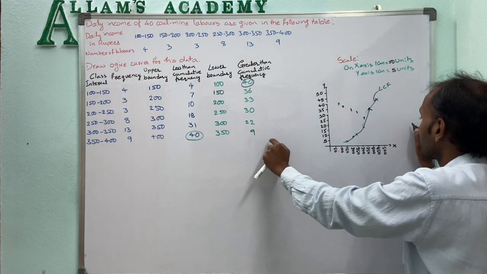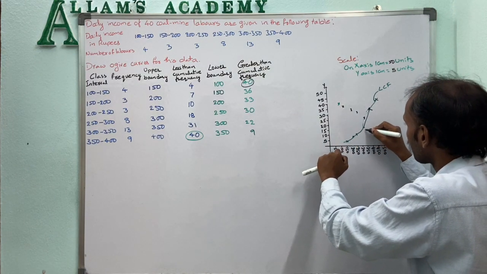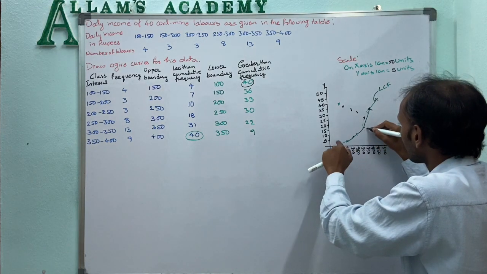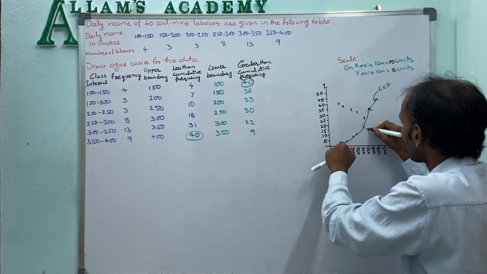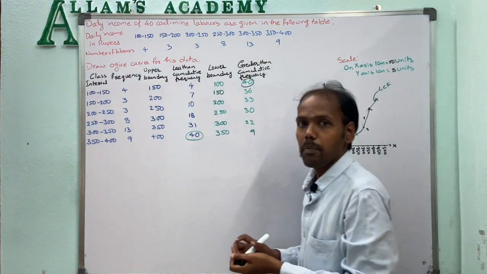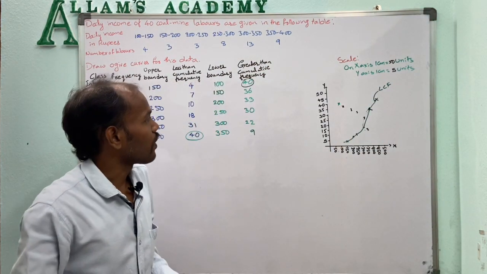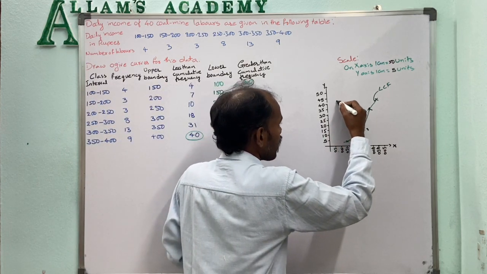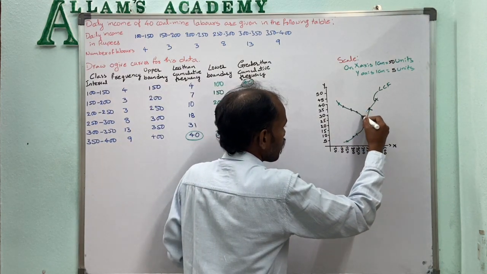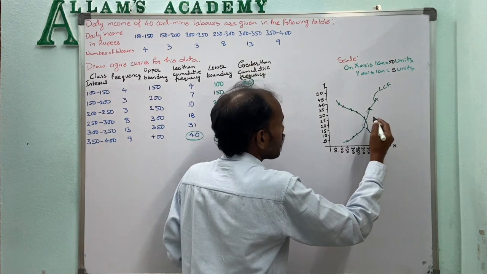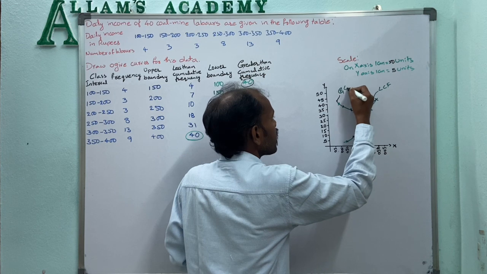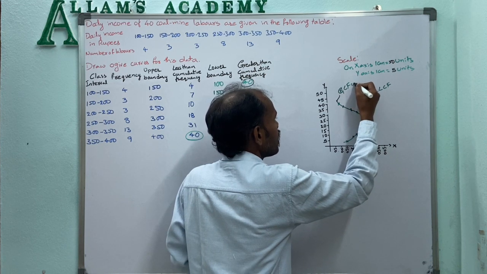For 350, 9. Now if we plot and join these points, we get a falling curve. This falling curve is the greater than cumulative frequency curve.